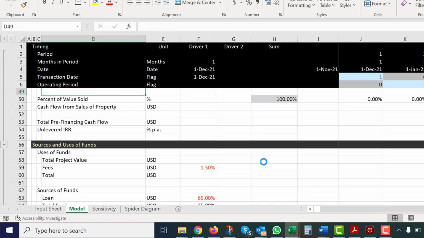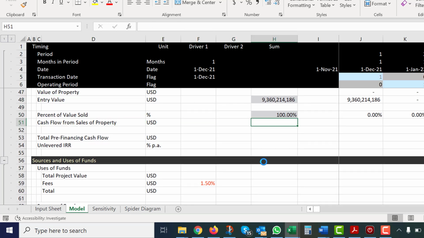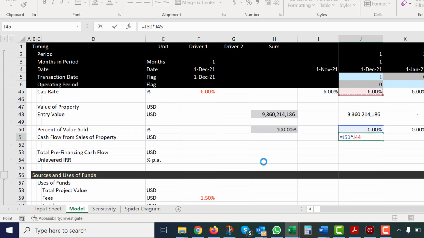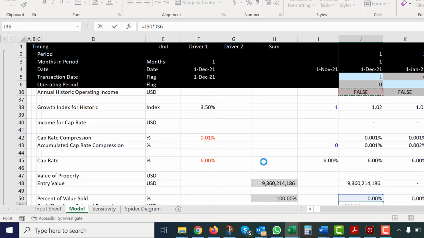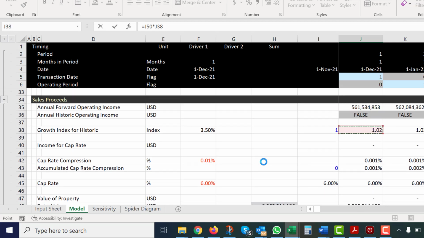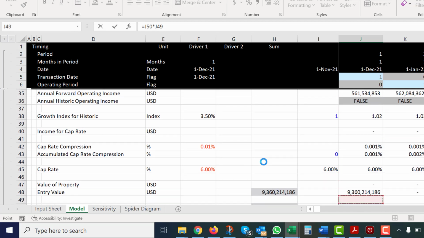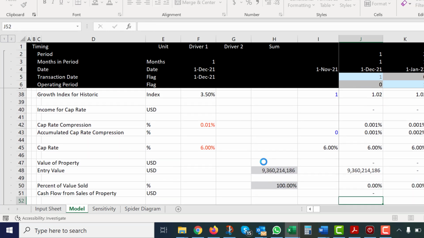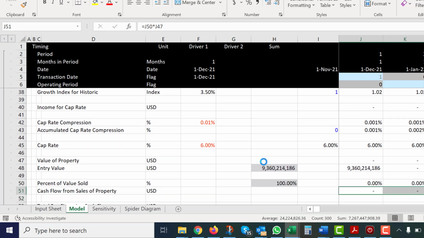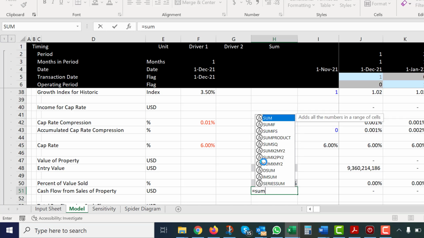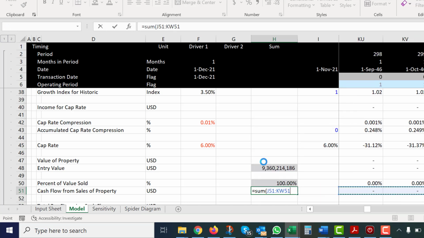Okay, so let's get on with it and take our percent that we sold, and we have to make sure, and I think we're okay, that we take the value of our property in the year we sold it. And we better make sure, I hope, well, because the cap rate went down and the inflation rate went up, this seems like a bad result.